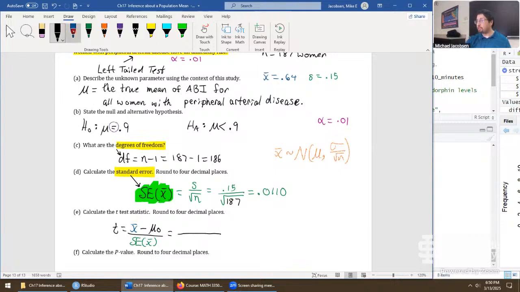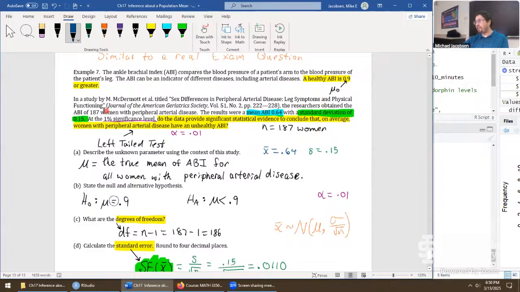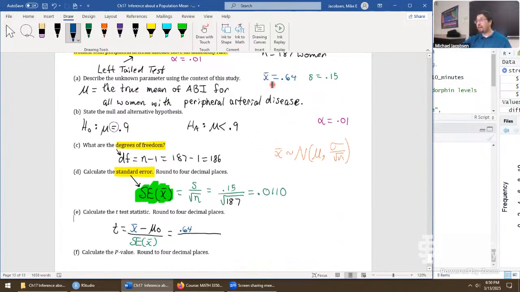So for X bar, we return to the 0.64 that we specified earlier. And notice how valuable this is as a technique. I would encourage you to do this on exam as well, because what you don't want to do is every time you have to pull X bar, read this whole thing. There's just too many numbers. If I had to grab X bar from right there every time, I might miss and grab something else just by accident, like the 187. Who knows what I could grab? Maybe page number 222. This is directing your eyes to the actual value you're using repeatedly.